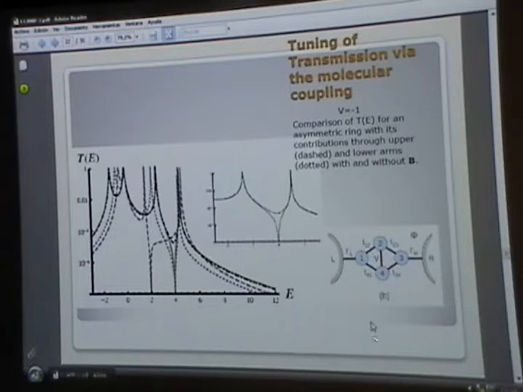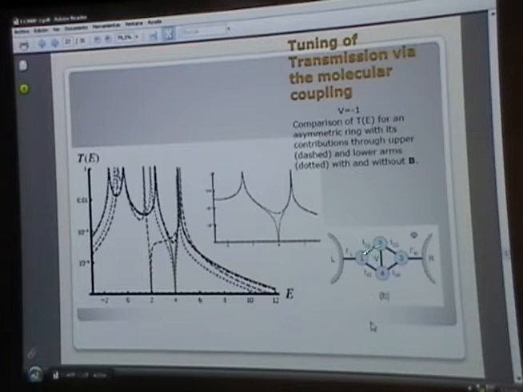The other 2 curves correspond to the device when you, for example, put T12 and T23 equal to 0. So in fact, you only have one arm of the interferometer. The electrons go, for example, through the lower arm, 1, 4, 3 to the right. But you also have this quantum dot laterally coupled to such an arm. So it's like a 3-site chain with a laterally coupled quantum dot.